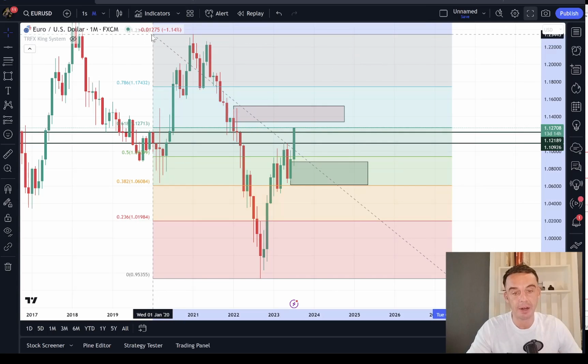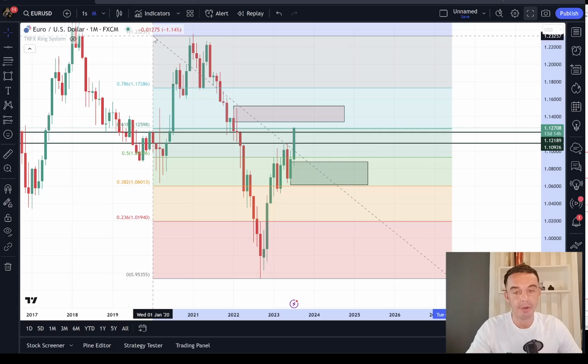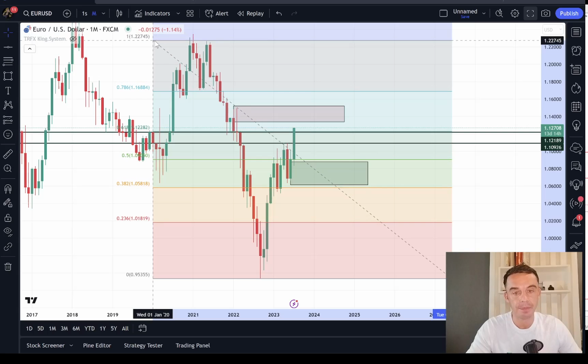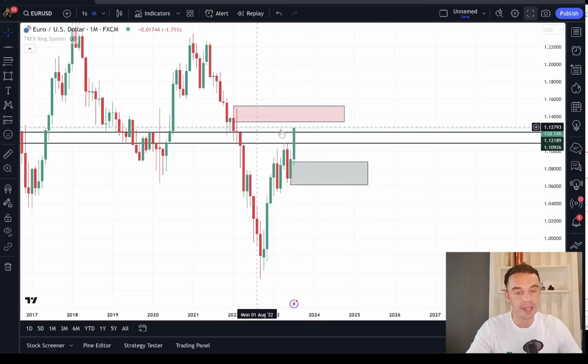If we went up to that high there, that's not really the start of the move. I like to go from the start of the leg. But either way, we are around that 61.8 Fibonacci area now. It is lining up nicely with this monthly sell zone and this low here.